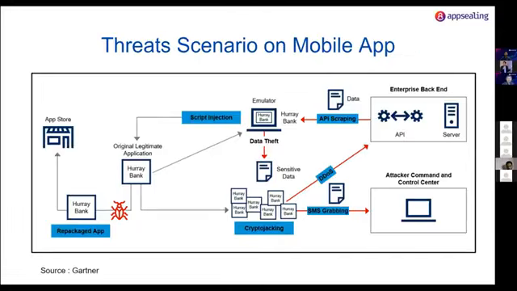And regarding mobile apps, this shows a threat scenario. So what would happen? Let's say there's a Hooray Bank, and the attacker runs the Hooray Bank app on top of an emulator, and then they are able to analyze the application. They may be able to decompile it or debug it and unpack the application, so that they might be able to scrape the APIs from the servers, and they might save some data stored in the local application, which could be sensitive data of the user.